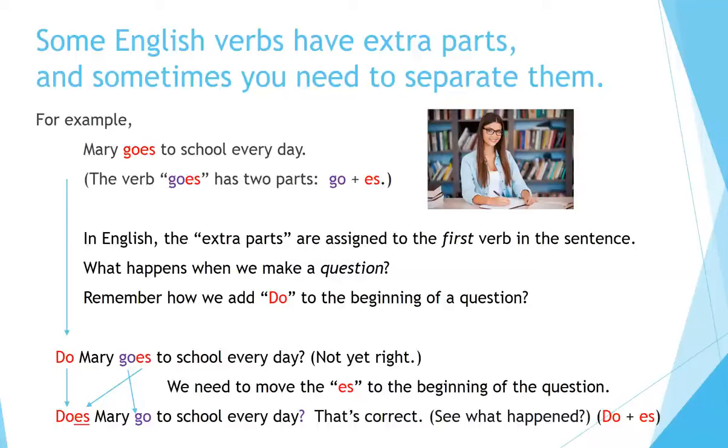So we take the es off of goes and put it onto the first verb in the sentence, which is do. So it becomes, does Mary go to school every day? That's correct now. You see what happened? The es moved to do to form the word does.